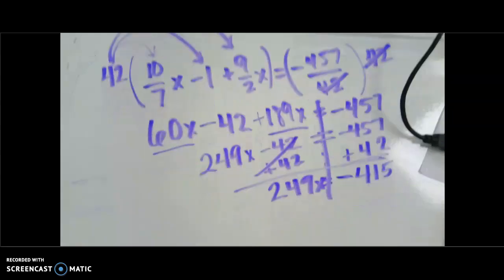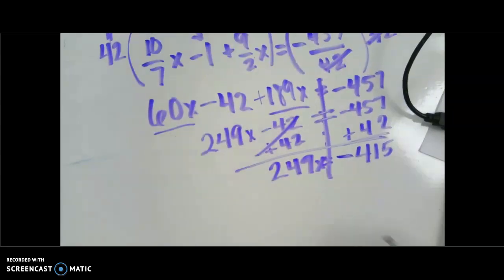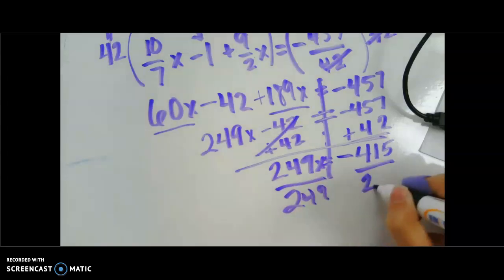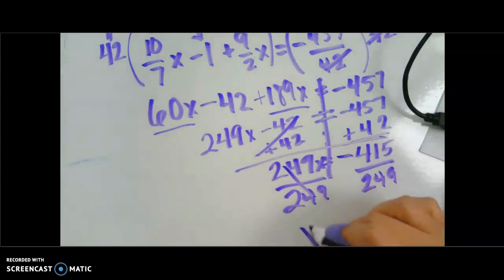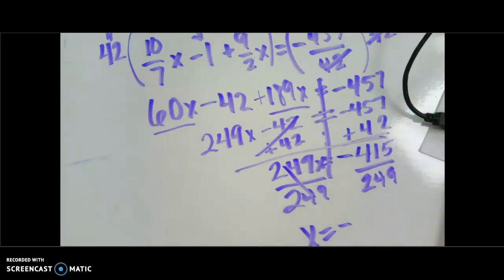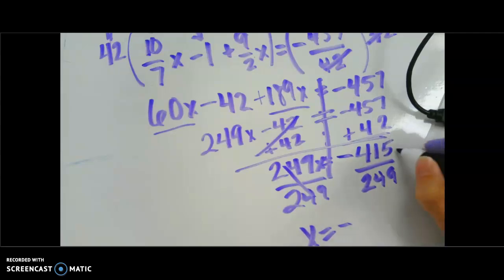From here, we are going to divide both sides by 249. I know that x is going to equal a negative, because I have a negative divided by a positive. And then we got to figure out what we're going to divide both of those by. And trial and error, I know that that's 83.